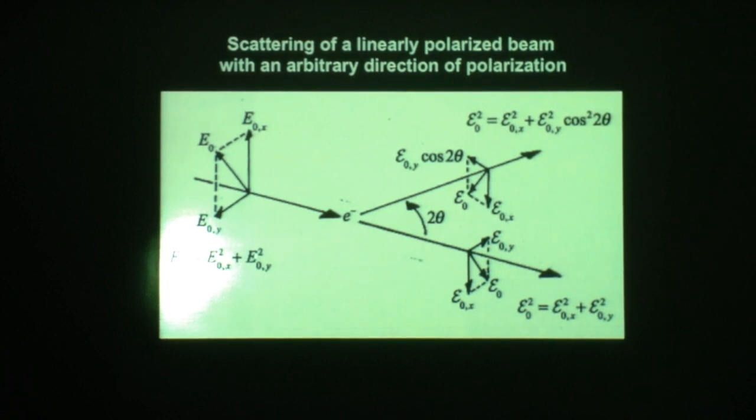So do we have linear polarization along x or linear polarization along y? Or is it someplace intermediate? Or is there a non-polarized incident beam, so that we have many of these components, E naught, with components x and y?